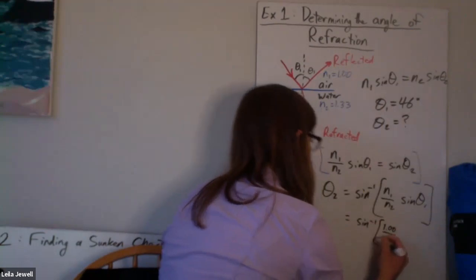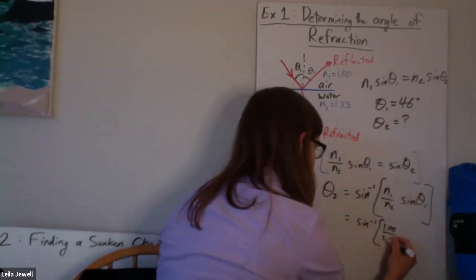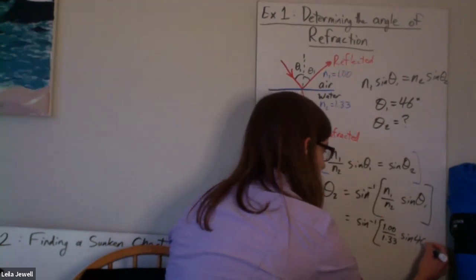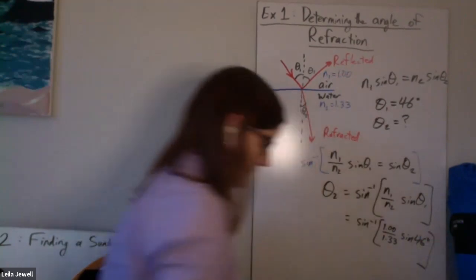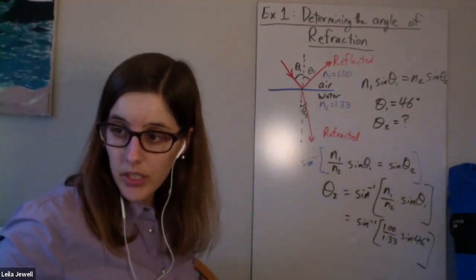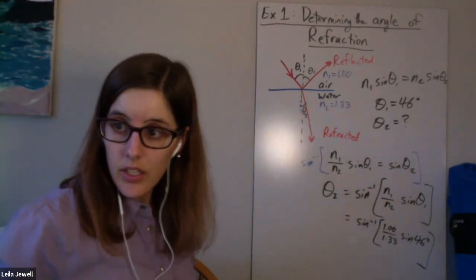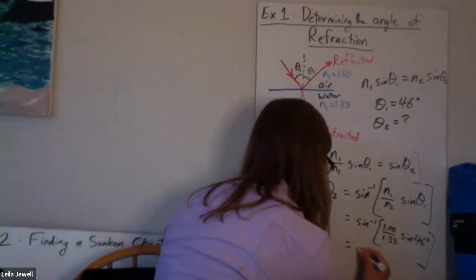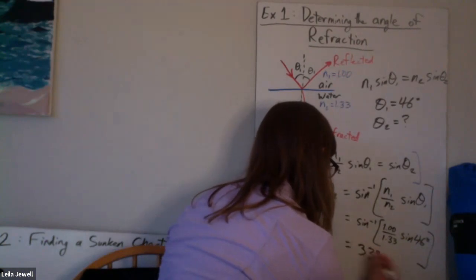I'm glad I wrote it down so I don't get confused. n2 is 1.33. And sine of that incident angle, 46 degrees. Okay, and plugging that into your calculator, you should get 33 degrees, assuming your calculator is in degrees mode.